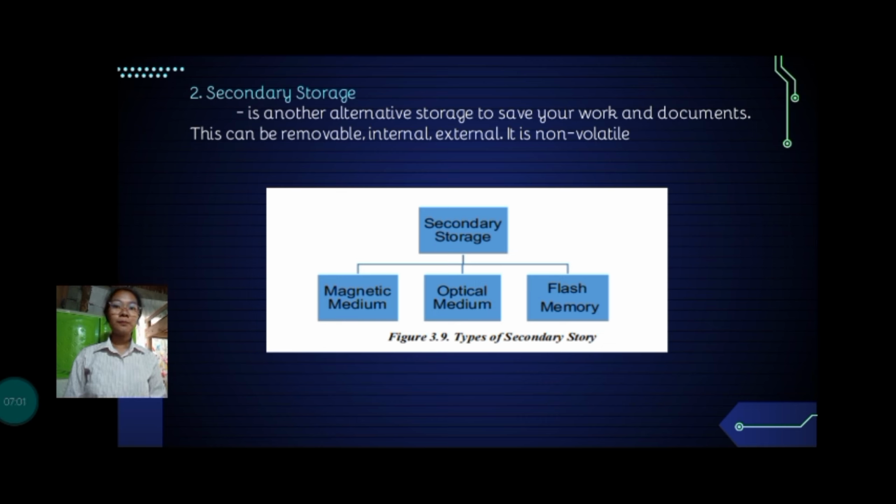It is removable, internal or external, and also non-volatile, which means that it does not need power to maintain the information, and it will store the information until it is erased. And there are three types of secondary storage: the magnetic medium, optical medium, and the flash memory, which will be discussed by the next presenter.